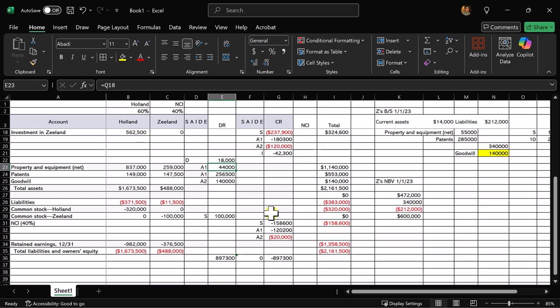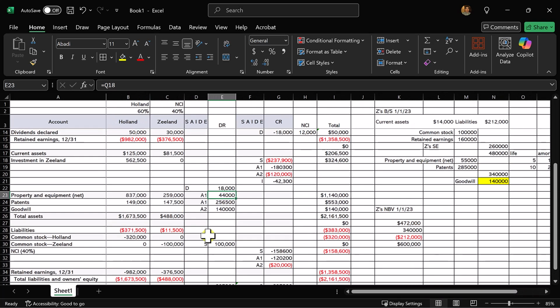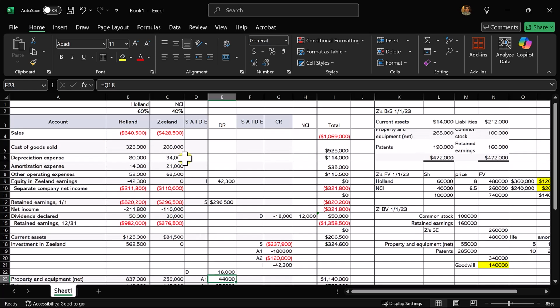Okay, last entry E, yeah? E for expense, really amortization, one year's worth. And that's the amounts we figured out over here. Depreciation, amortization. Depreciation expense, right here.